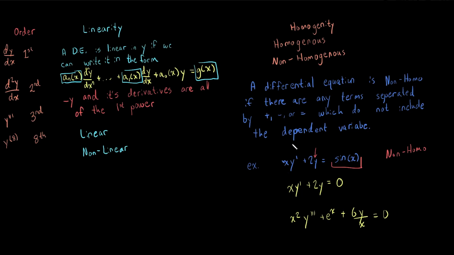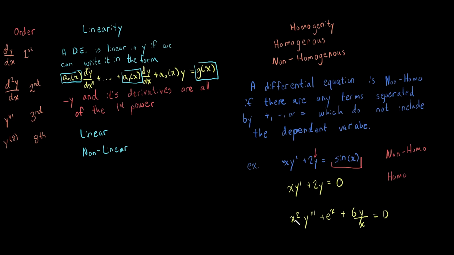In our next one, we have the same left-hand side, xy prime plus 2y, but you'll notice that we got rid of our sine of x term. Since this was our additive term, I removed it, and since we removed it, now this is equal to 0, this is considered a homogeneous differential equation.